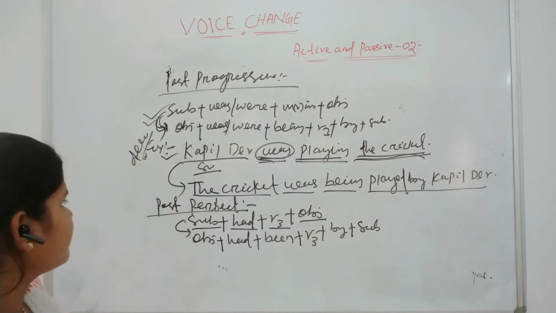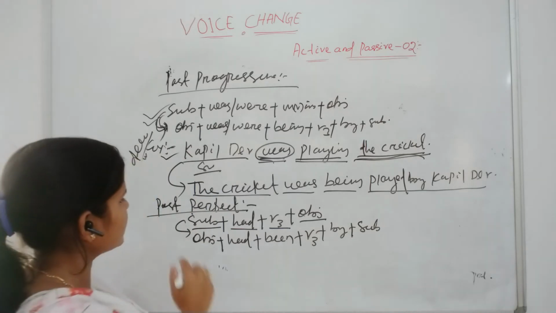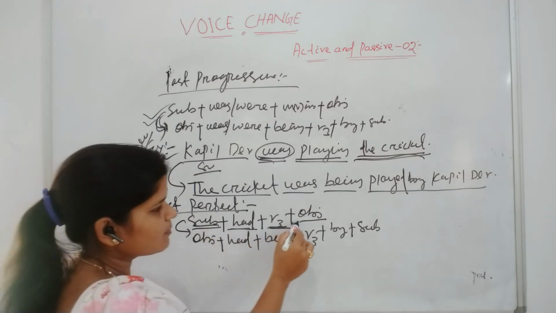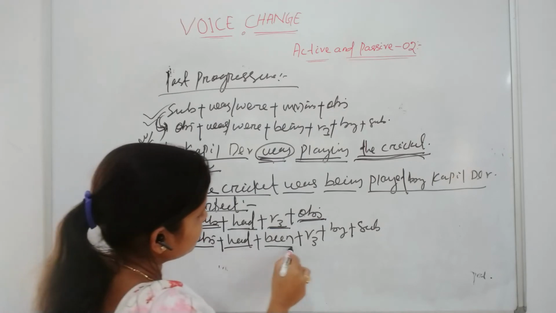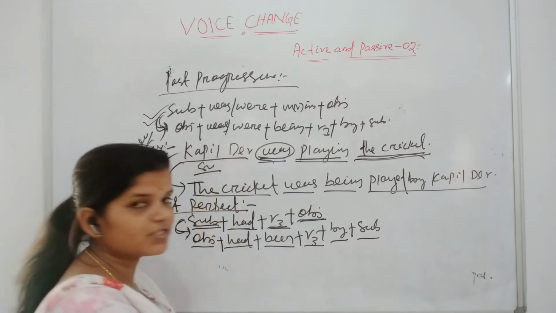So the past perfect active structure is subject plus had plus V3 plus object, whereas converting to passive, it is object plus had plus been plus V3 plus by plus subject.